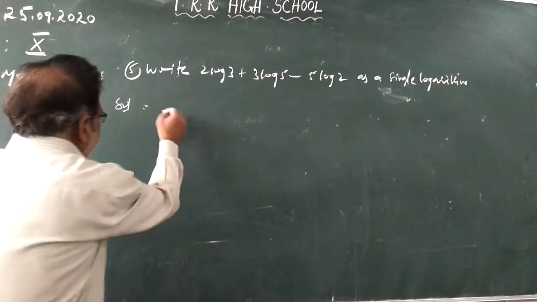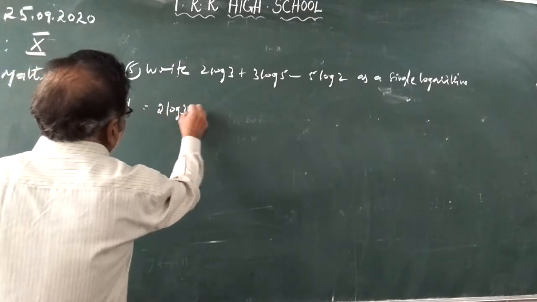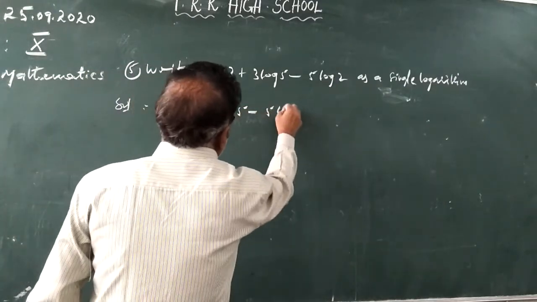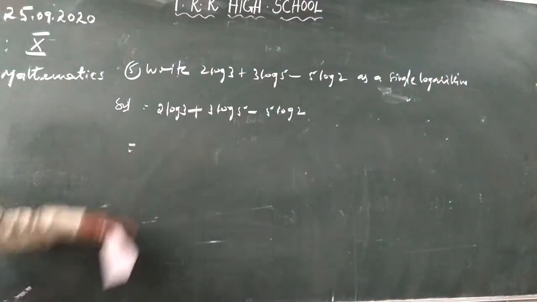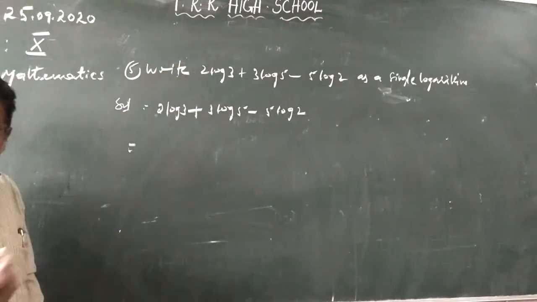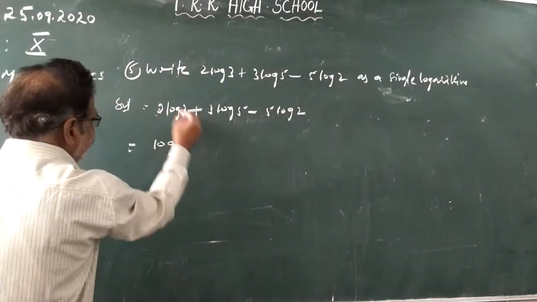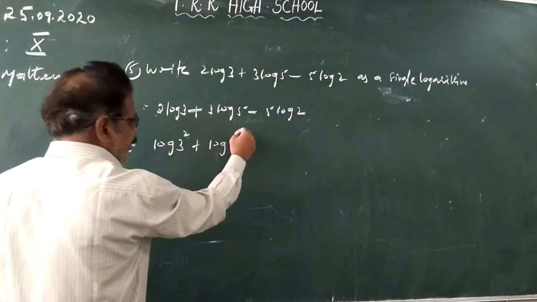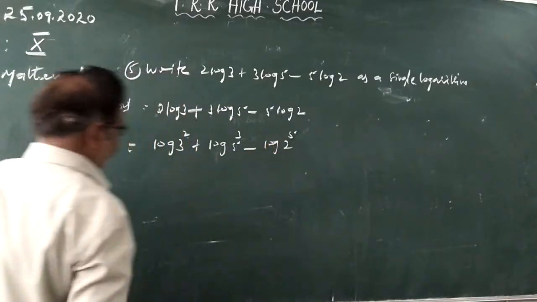Like that you write. I take this 2 log 3 plus 3 log 5 minus 5 log 2. I told you already that n log x, the power form, becomes the single log. So this is log 3 squared plus log 5 cubed minus log 2 to the power of 5.